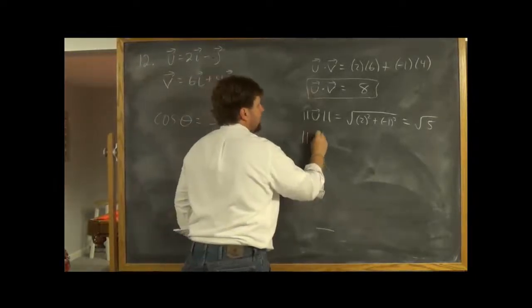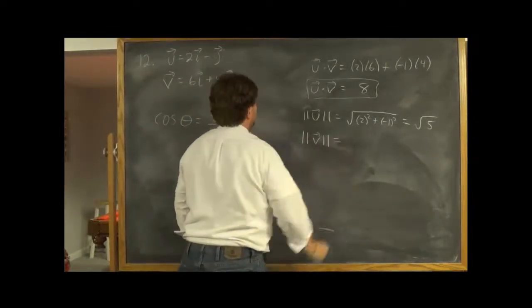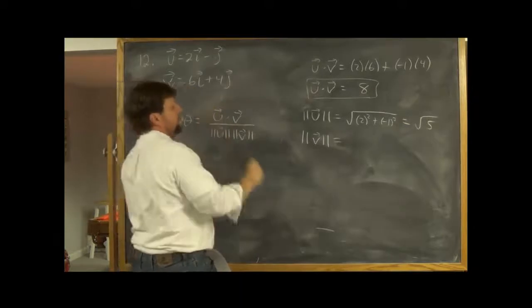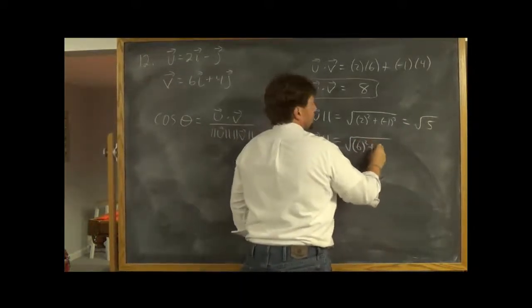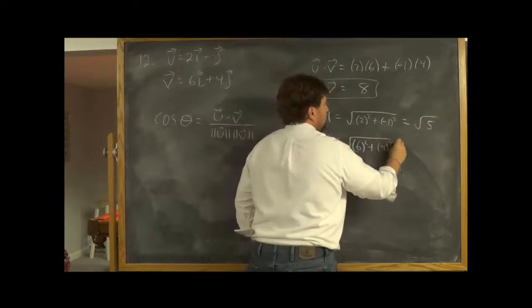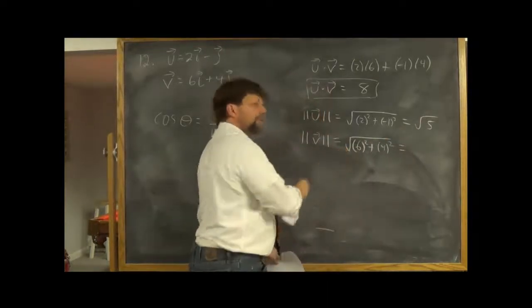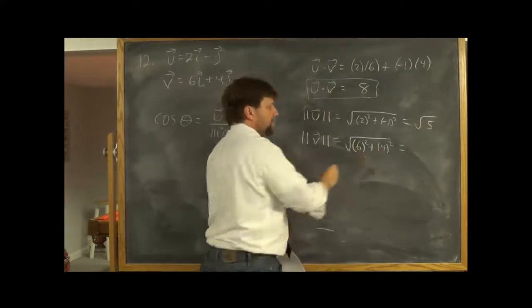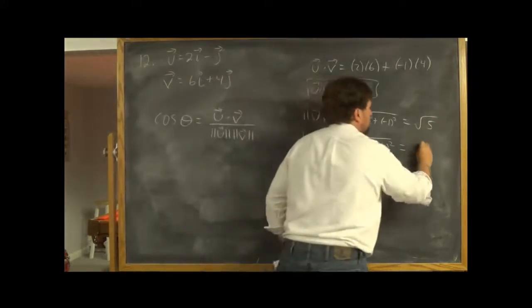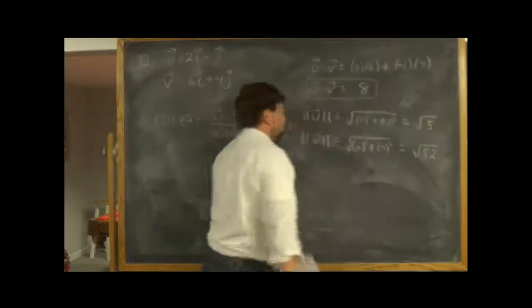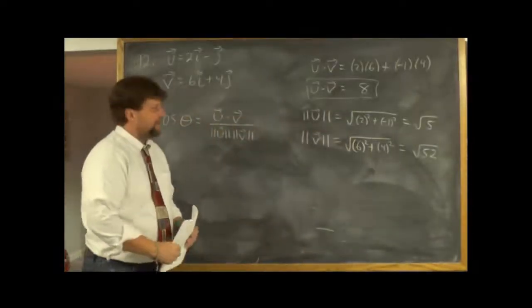The magnitude of vector v is the square root of 6 squared plus 4 squared. 6 squared is 36, 4 squared is 16, 36 plus 16 is 52. So the magnitude of vector v is the square root of 52.